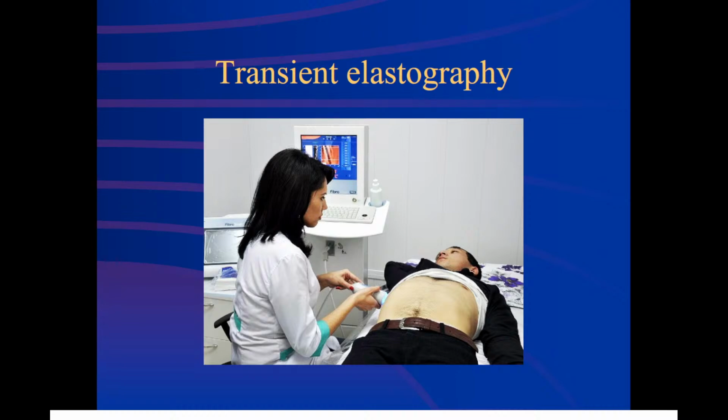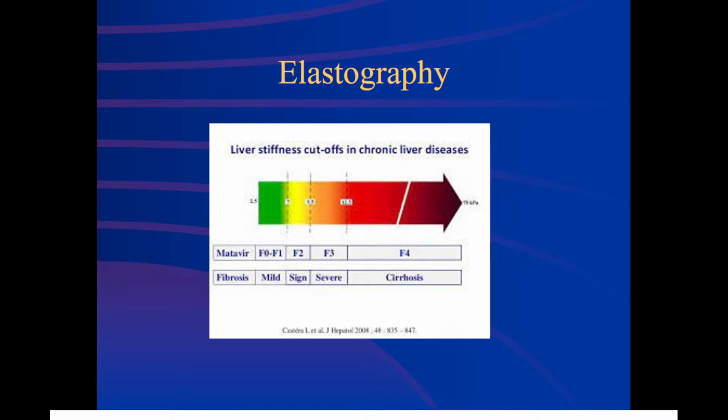Red color means high density of the liver tissue. In this case, we are thinking about a high probability of transformation of chronic hepatitis to liver cirrhosis. The more red, the more stiffness, and the higher the probability of liver cirrhosis in chronic liver disease.